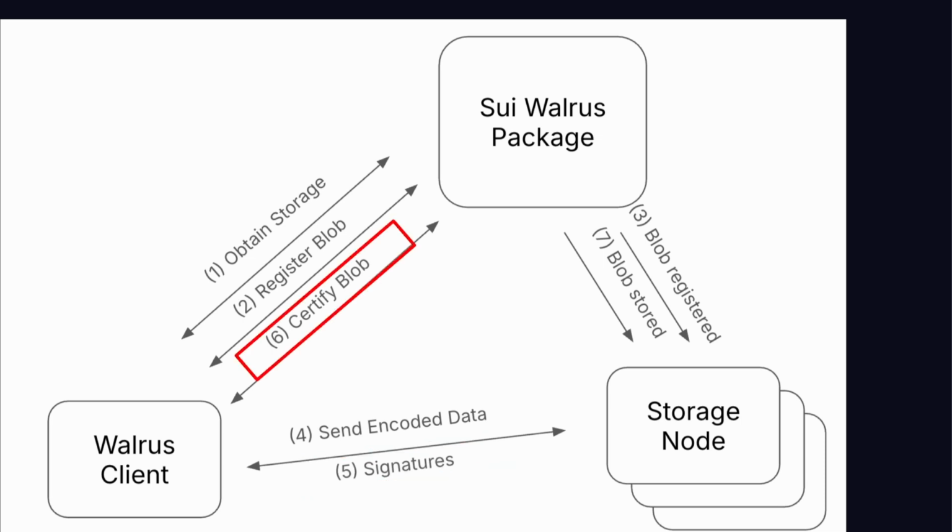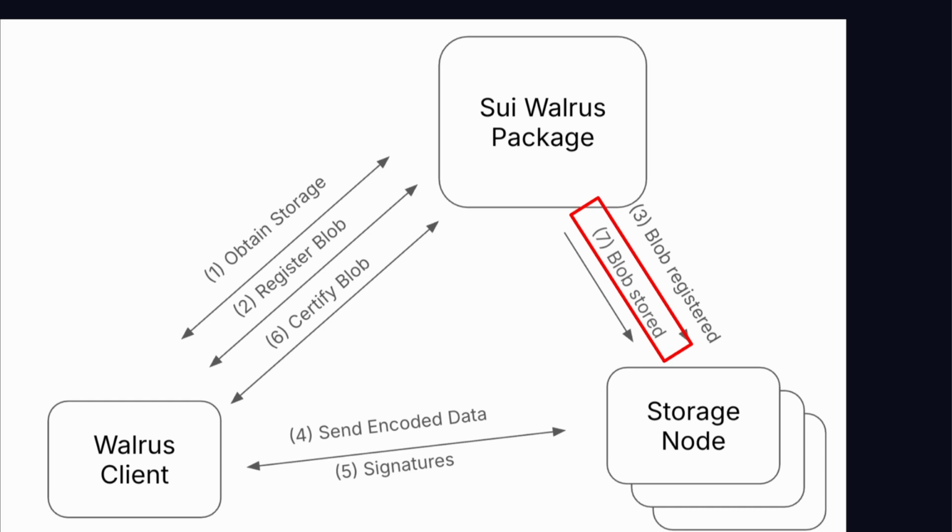The user puts together the signatures returned from storage nodes into an availability certificate and submits it to the SUI blockchain. When the certificate is certified on-chain, an availability event for the blob ID is emitted on the SUI blockchain, and all other storage nodes seek to download any missing shards for the blob ID.